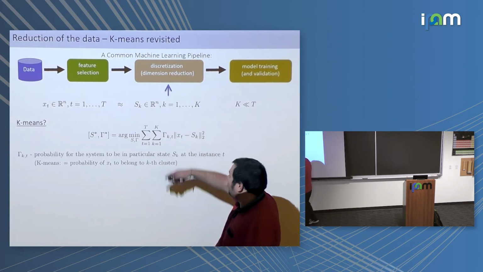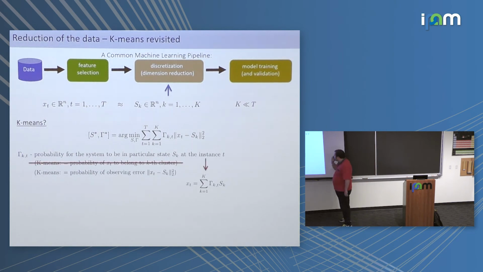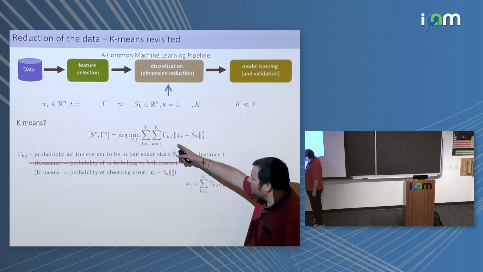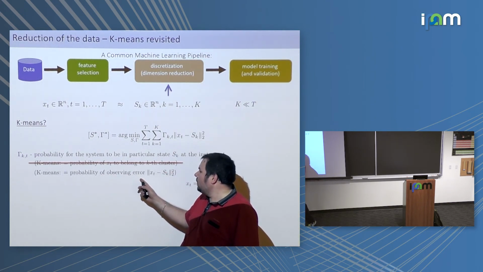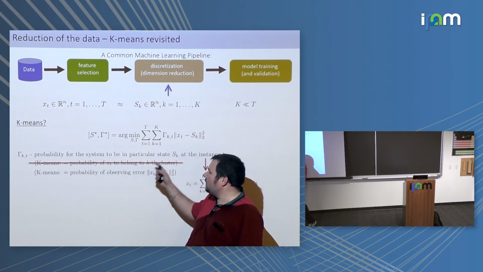So you can use this thing to discretize the data. Actually, no. This is not true. Because in these settings, what gamma actually means is the probability of observing error, like this. Not the probability of xt to belong to the kth cluster.